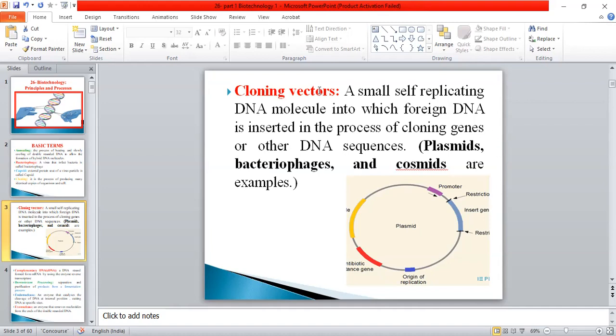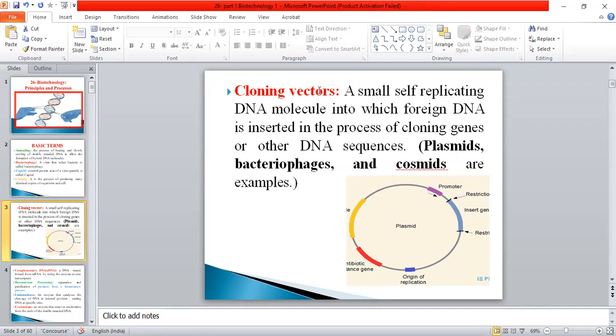For the cutting process we need the molecular scissors, that is, the restriction endonucleases. That's why it is called molecular scissors. The desired quality is also introduced and united with the help of the enzyme called DNA ligases. Okay. After that, they introduce it into the host.